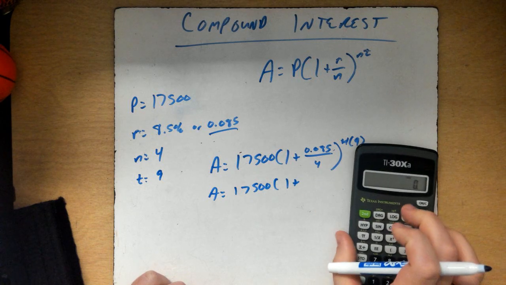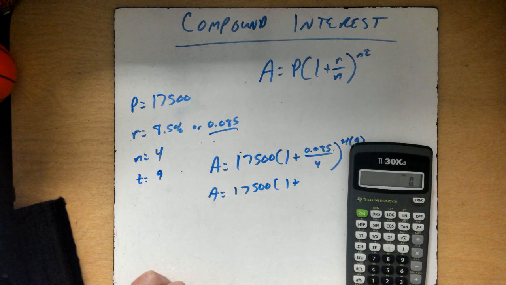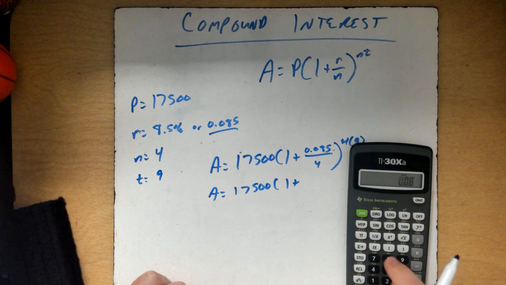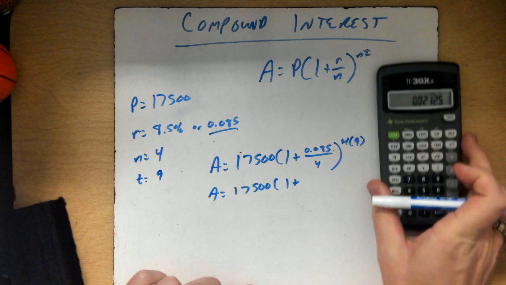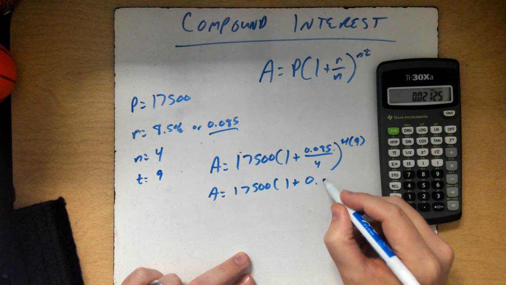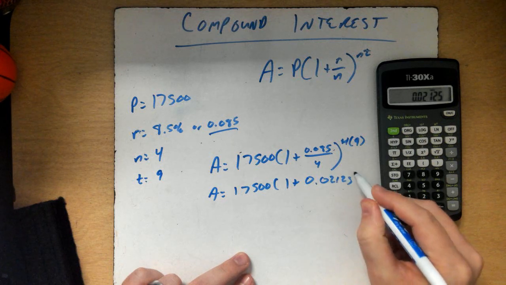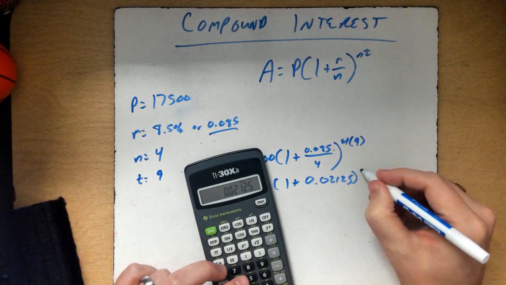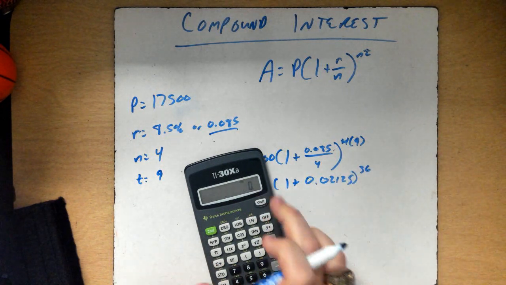Now we're going to do 0.085 divided by 4 gives us 0.02125, okay? And then 4 times 9 gives us 36.